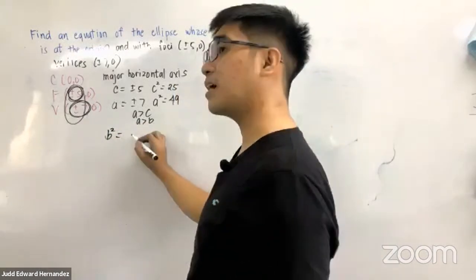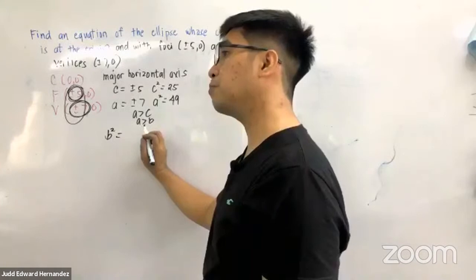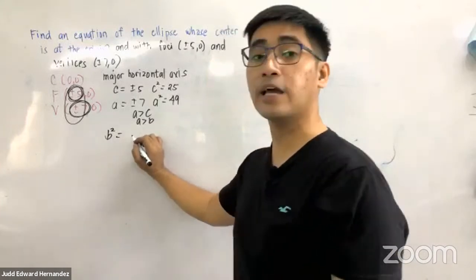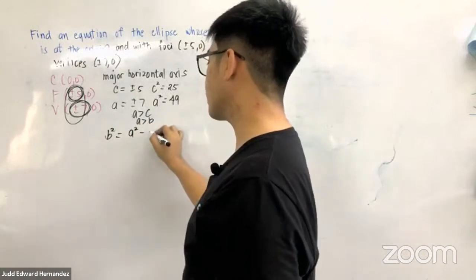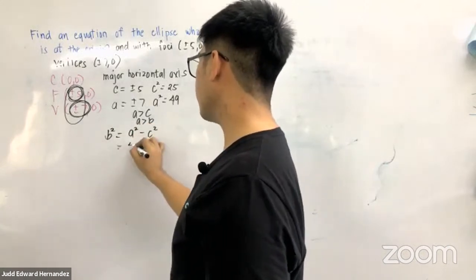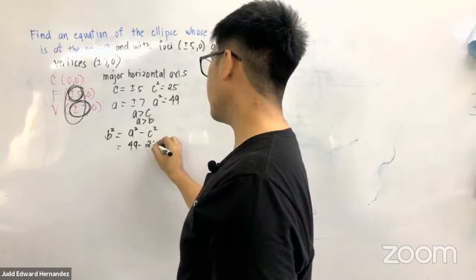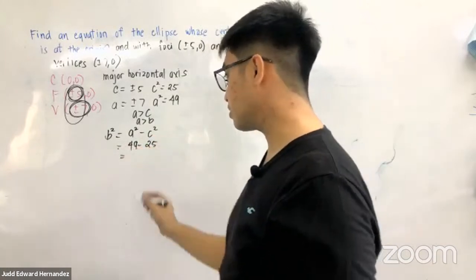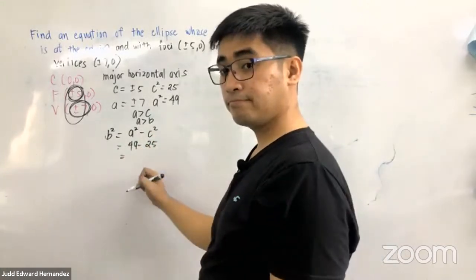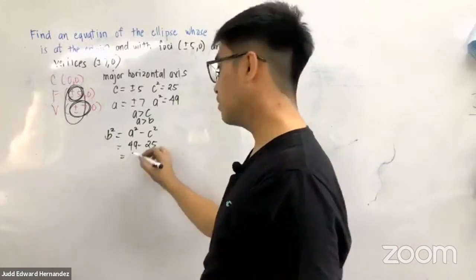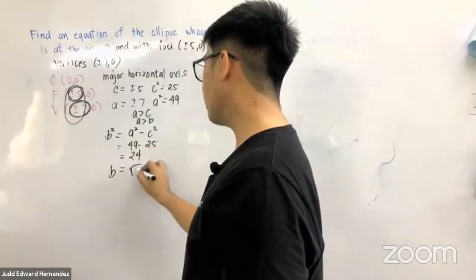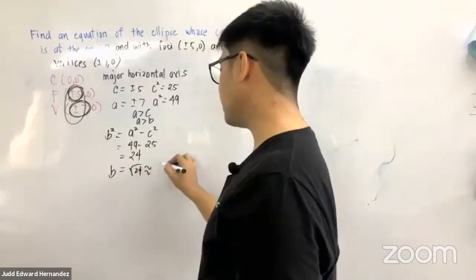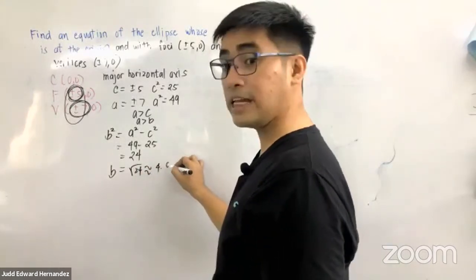Dahil si A squared yung pinakamalaki, kay A squared palagi tayong magma-minus. B squared is now A squared minus C squared. Our A squared is 49. 49 minus 25, 24. Therefore, B is now equal to square root of 24 or approximately that is 4.9.